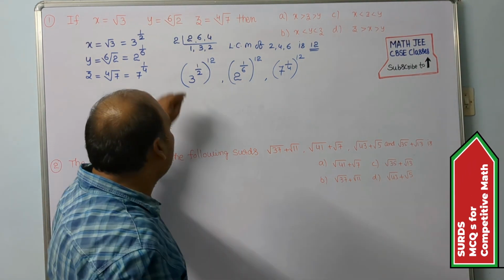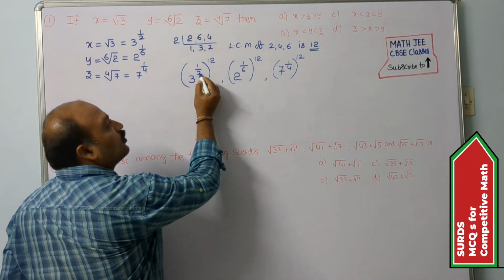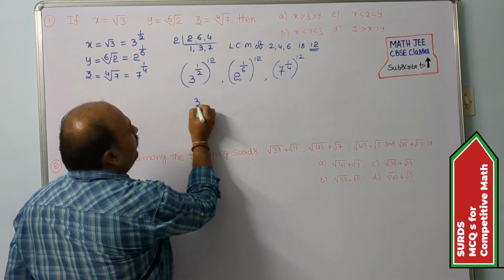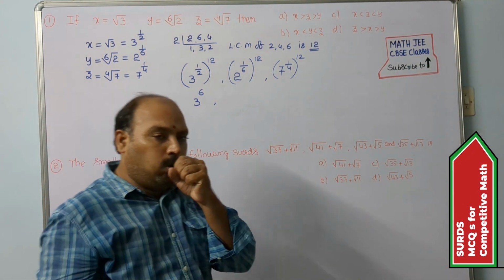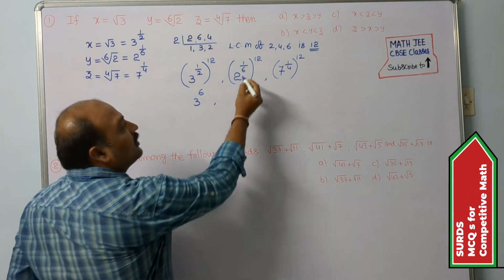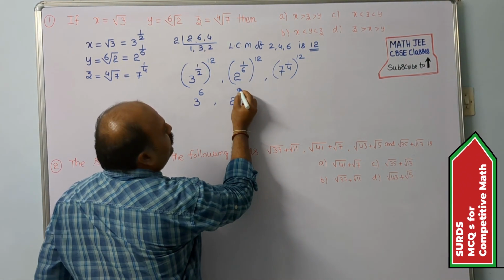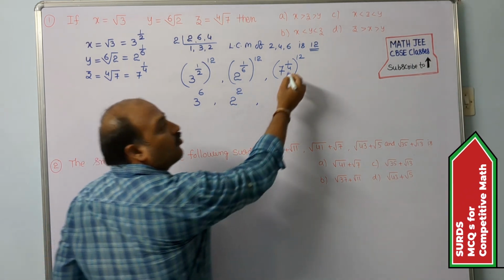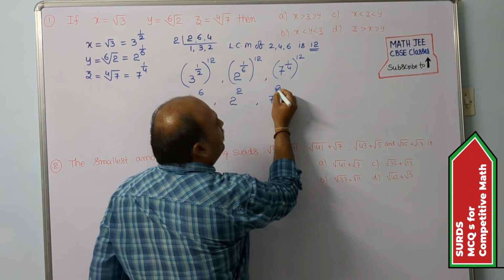By applying the formula a power m whole power n equals a power mn, 1 by 2 times 12 is 6, so it becomes 3 power 6. Similarly, 1 by 6 times 12 gives 2 power 2, and 1 by 4 times 12 gives 7 power 3.